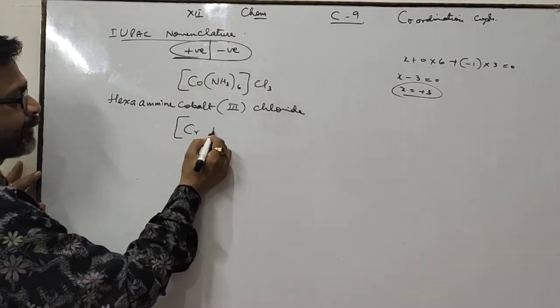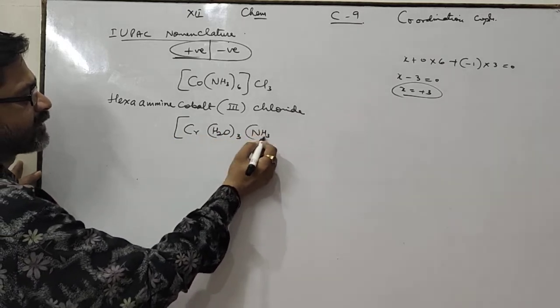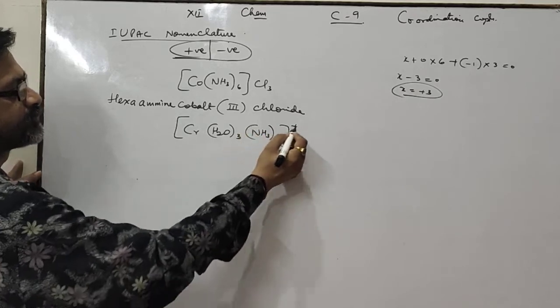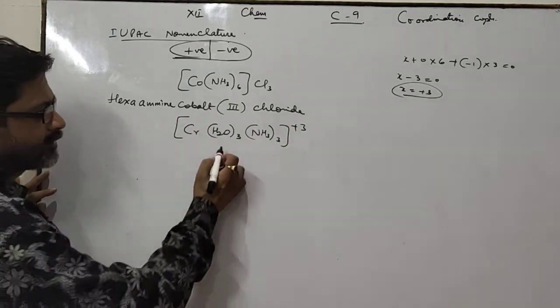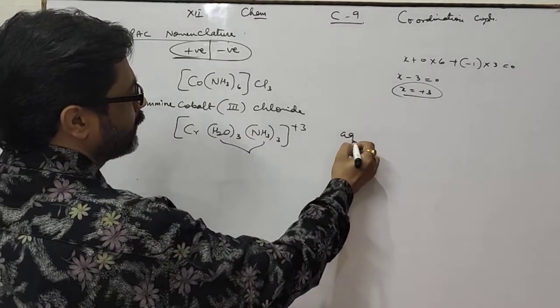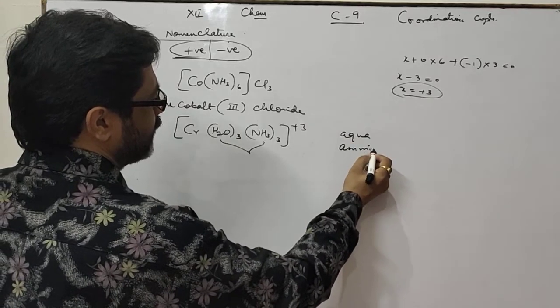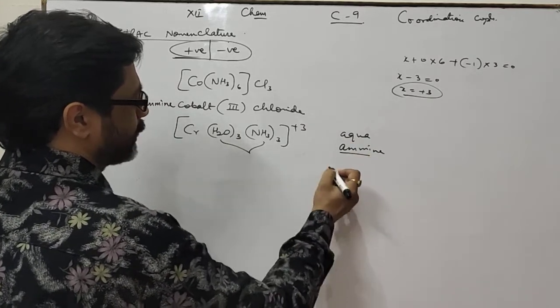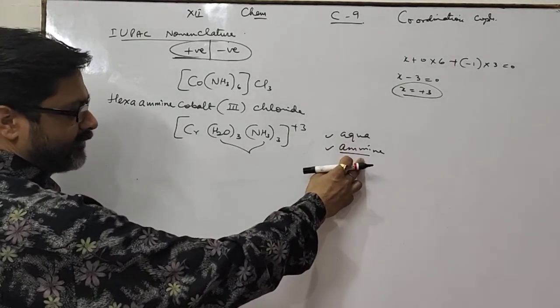Take one more example, [Cr(H2O)3(NH3)3]3+. What is the name of this compound? Here the ligands are of two types. This one is aqua for H2O, and ammine for NH3. In alphabetical order, we write the name of ammine first.